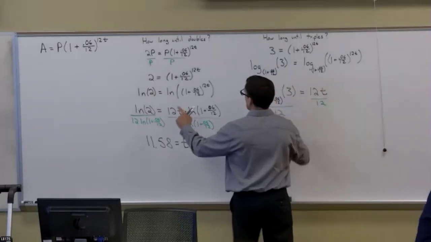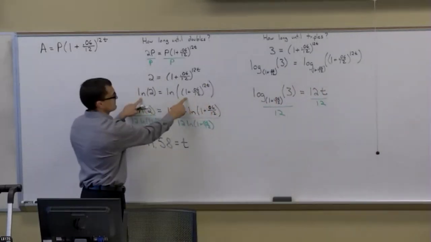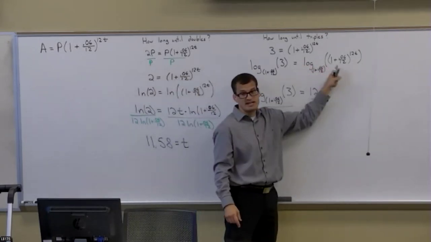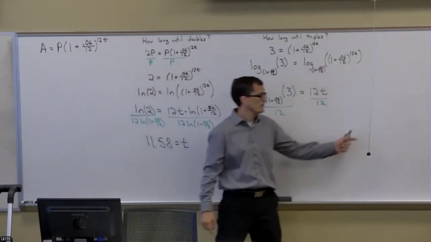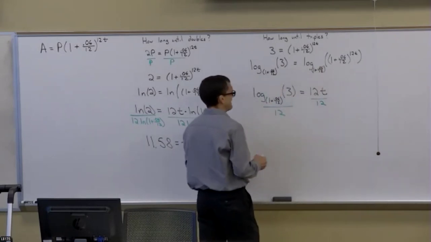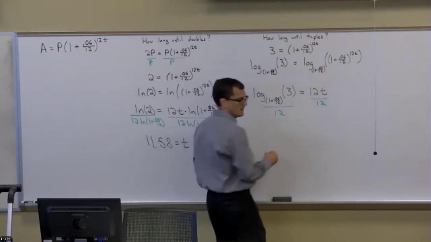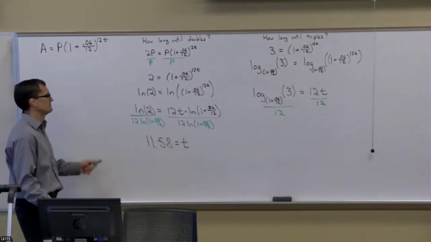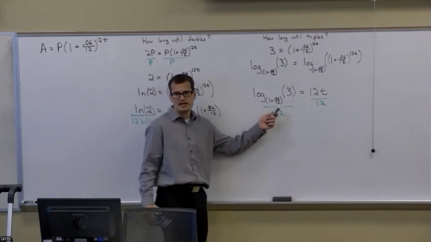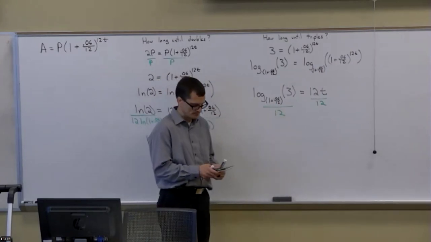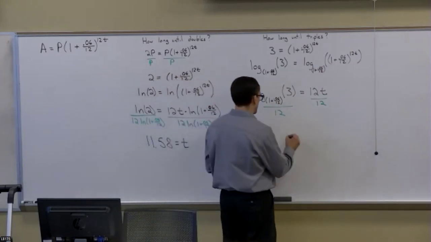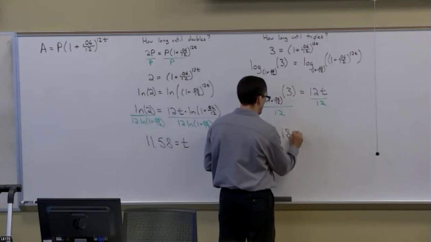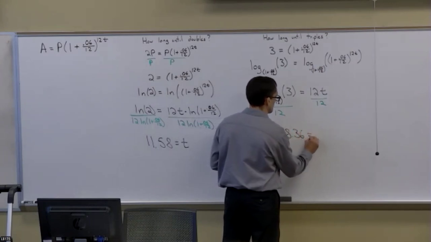Either apply natural log to both sides or apply log of this ugly base on both sides. I typically do the natural log thing just because I don't like using this as my base. But in either case, you get about 18.36 years to triple.